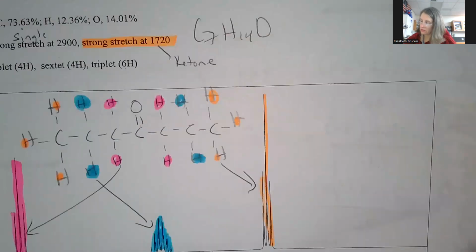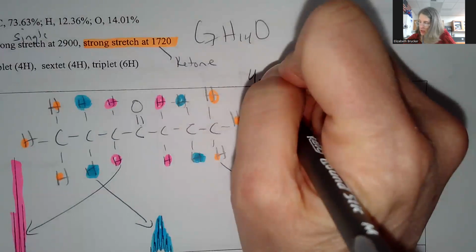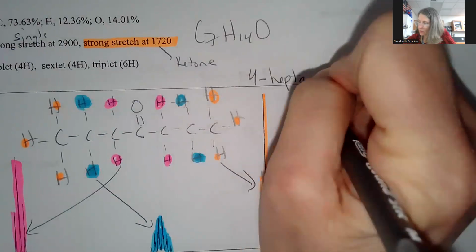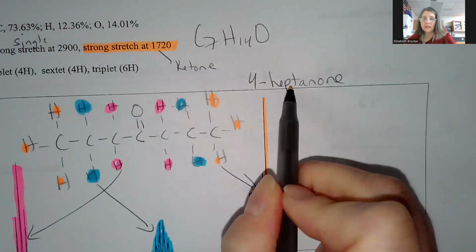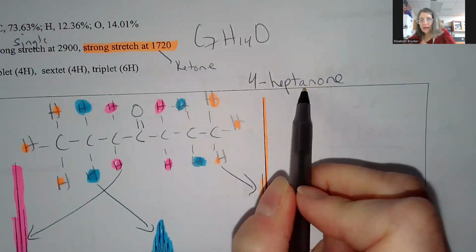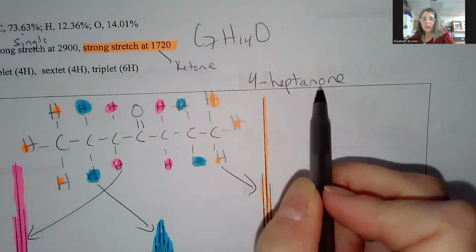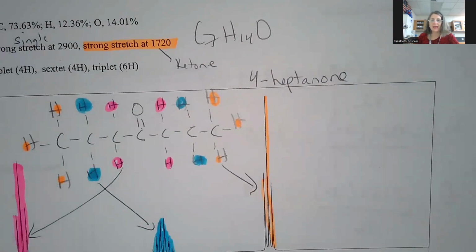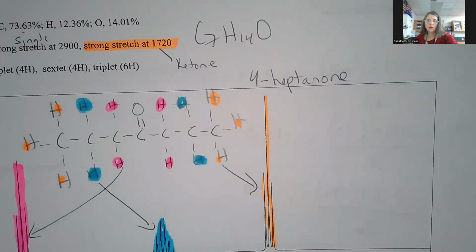So this one is called 4-heptanone. Hept meaning 7, AN, your heptane, drop the E and put the ONE on the end. So those are the first 2 problems on the integrated spectroscopy worksheet.